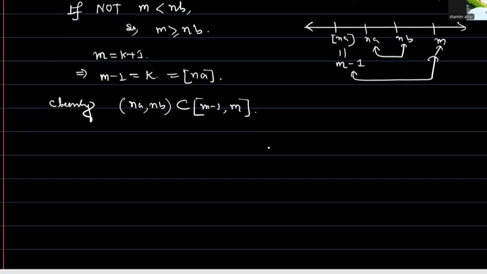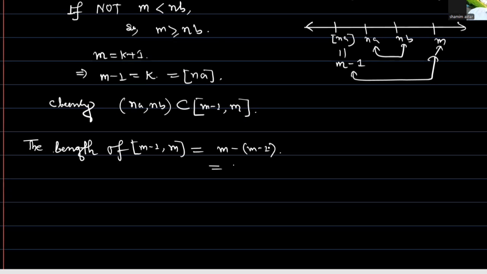Now the length of the interval [m minus 1, m] is m minus (m minus 1), which equals 1.